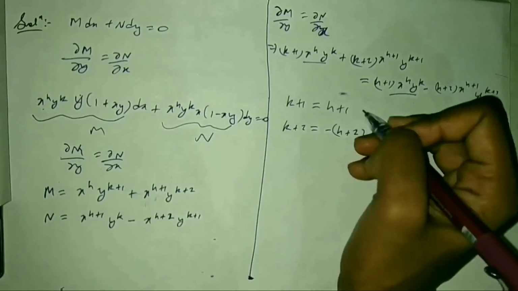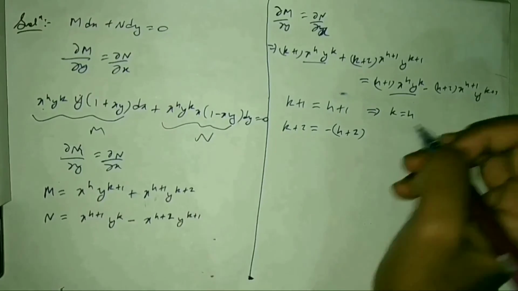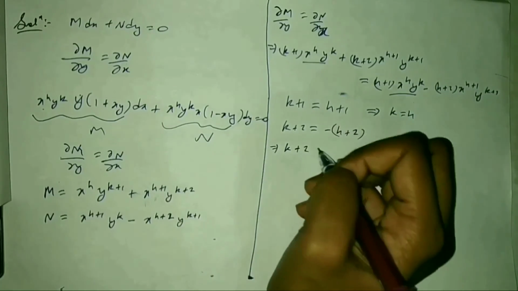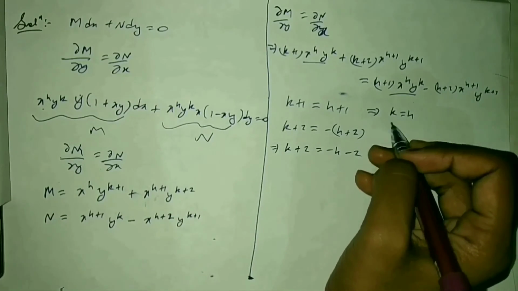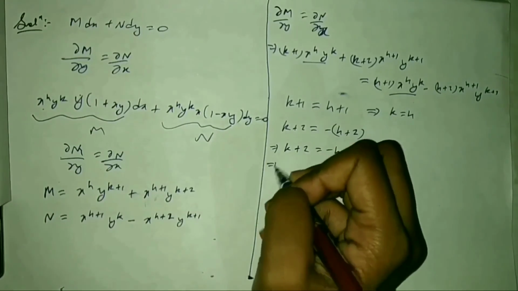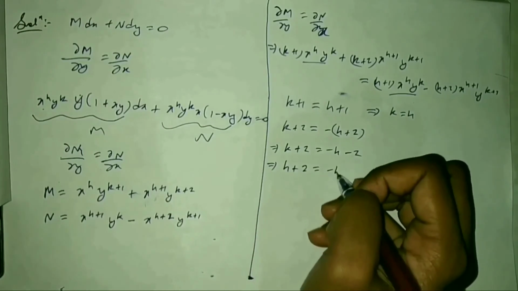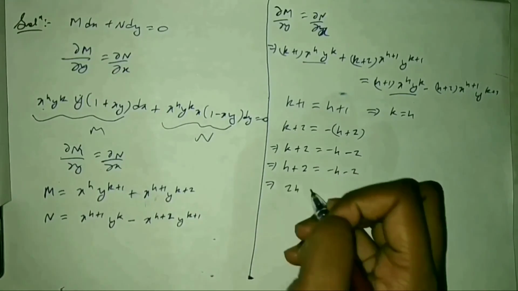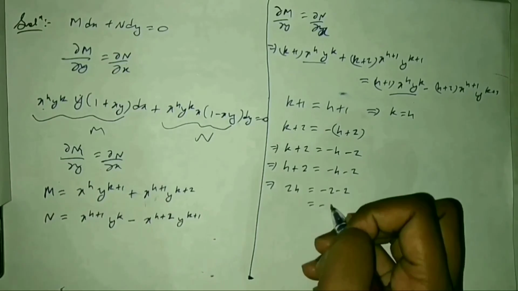From the first equation we get k = h. And from the second equation, k + 2 = -h - 2. Putting k = h, we get h + 2 = -h - 2, so 2h = -4.